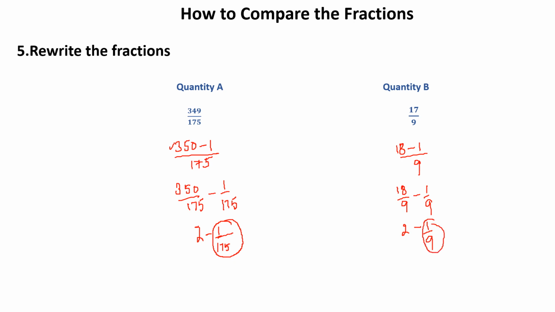Here we are subtracting the smaller value from 2, and here we are subtracting the larger value. So of course, out of the two quantities, which quantity will be greater? Yes, of course, it's quantity A. So hope this is also clear. So the basic strategy here is to rewrite the fraction. Hope this was clear.